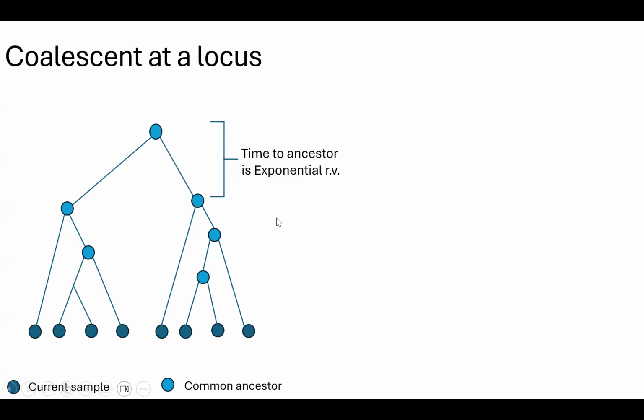And we model the time upwards on this tree, which is the time to the common ancestor, as an exponential random variable with varying rates depending on how high up you are on the tree. And this model from Kingman in the early 1980s is well motivated as a continuous time limit of this process where we have random mating, and then these children have a parent that you can draw from as you're doing that process backward in time. It's referred to as the Wright-Fisher process.